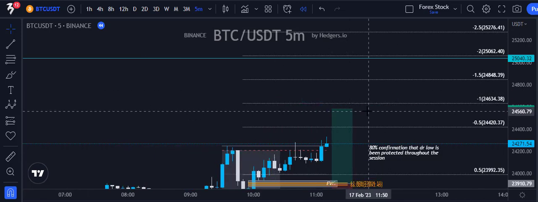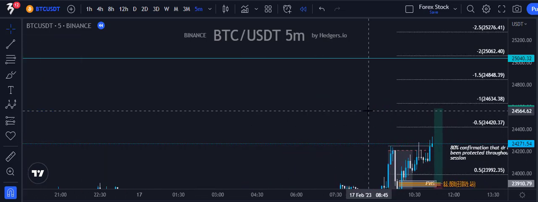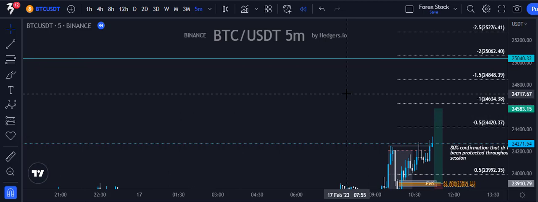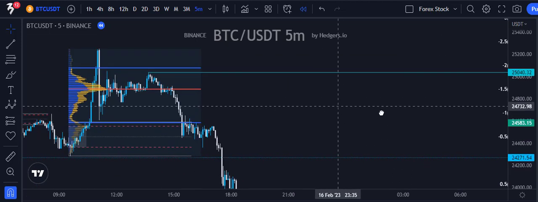Okay, so the best trick for the beginners is you need to find the buy side liquidity and the sell side liquidity along with the fair value gaps, order blocks and stuff like that. Okay, so what I'm gonna do, I'm gonna find a sell side liquidity.